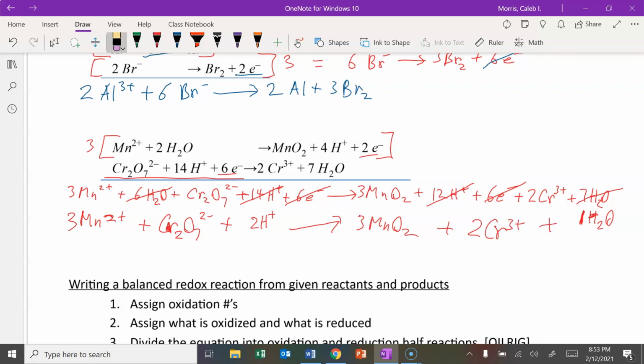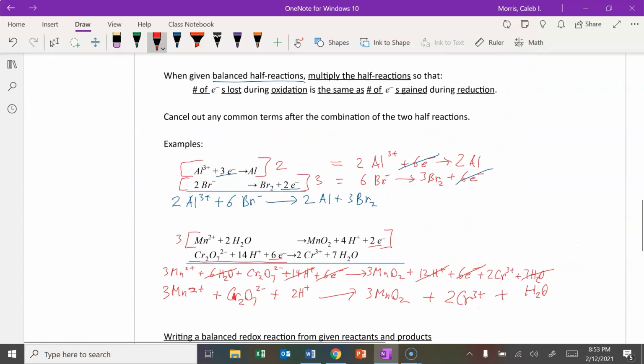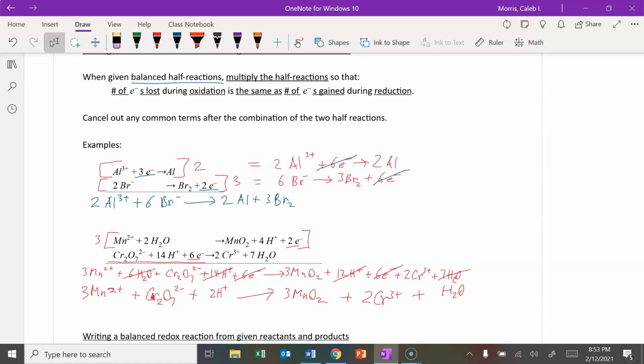I really don't need that coefficient of 1. It's just plus H2O because there's only 1 of them. All right, and that's it for our examples of combining balanced half reactions. We're going to learn how to write a balanced redox reaction just given the reactants and products next.